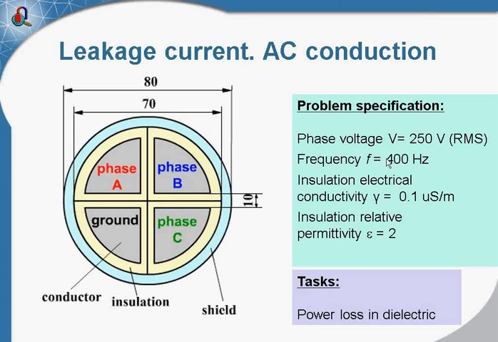We know the electric frequency, we know the insulation electric conductivity, which is a very low value, and we know the insulation electric permittivity. Our task is to calculate the power loss in dielectric media caused by the leakage current. The cable voltage is 220 volts RMS value.